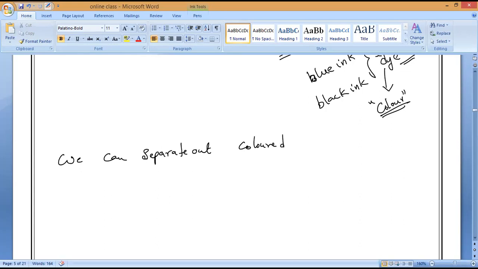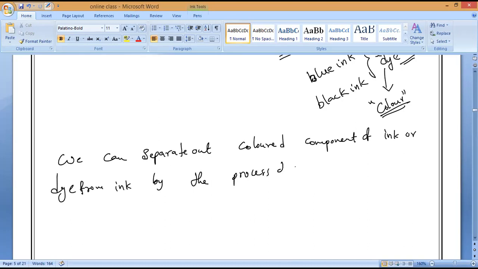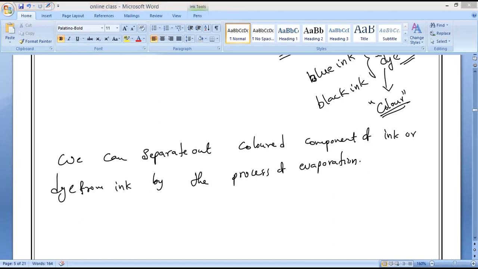Please write: colored component of ink, or dye from ink, by the process of evaporation. Understand everyone? Let us see how we can evaporate and how we can obtain it.